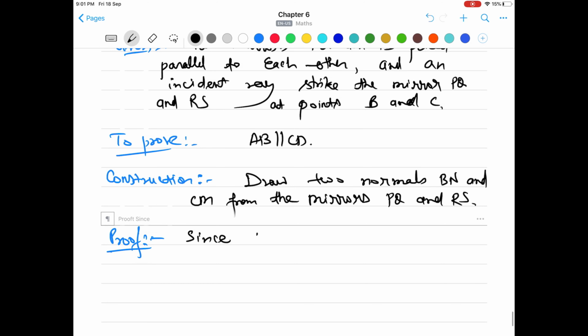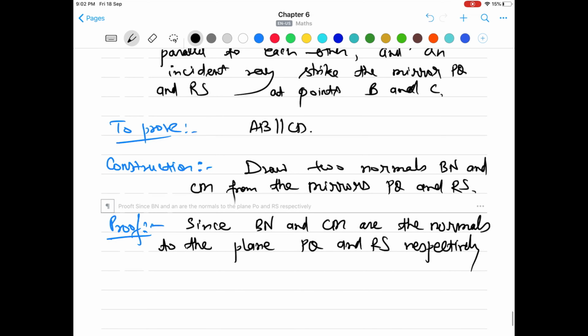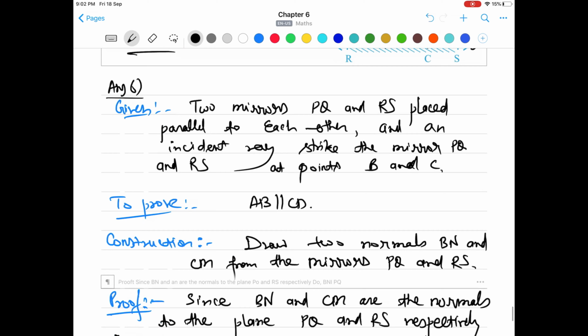Since the normals BN and CM are the normals to the plane mirrors PQ and RS respectively, this ray BN is perpendicular to PQ.